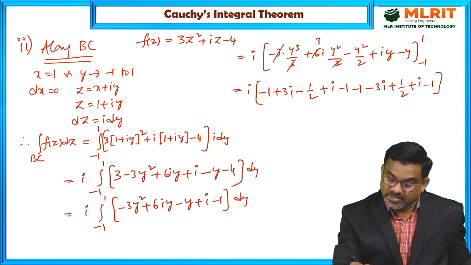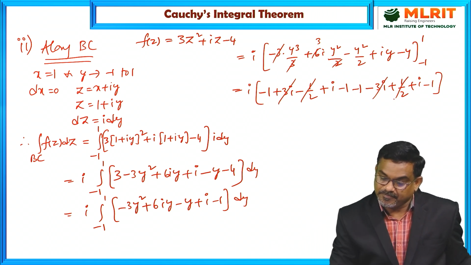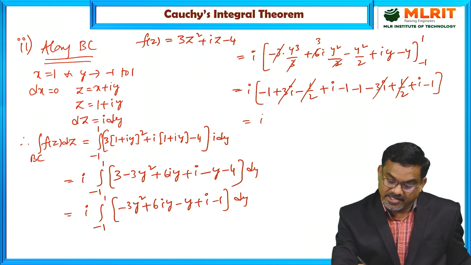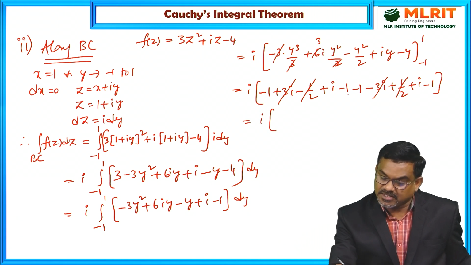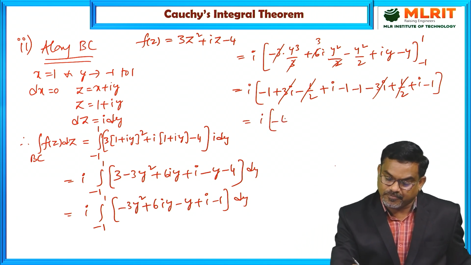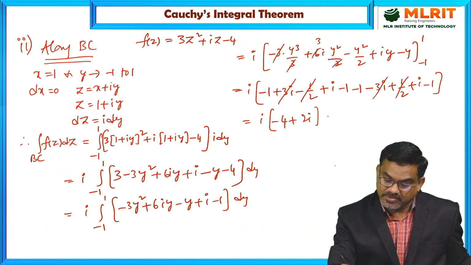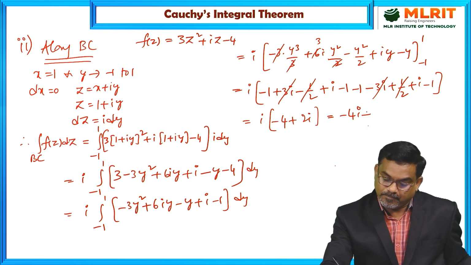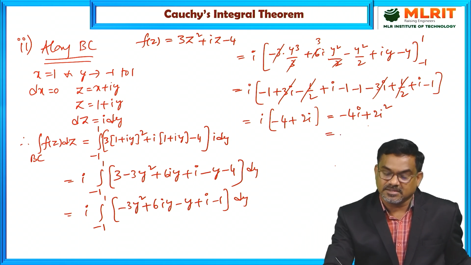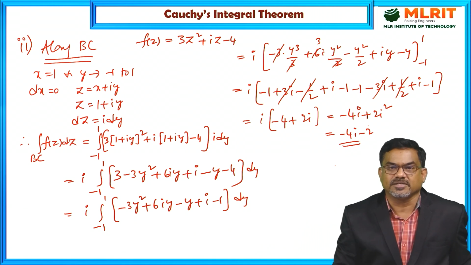So now we need to simplify this first: minus 1 by 2 plus 1 by 2. So this is i into minus 1 minus 1 minus 1 minus 1, minus 4i plus i, 2i. So this is minus 4i plus 2i square. So this is minus 4i minus 2, since i square is minus 1.